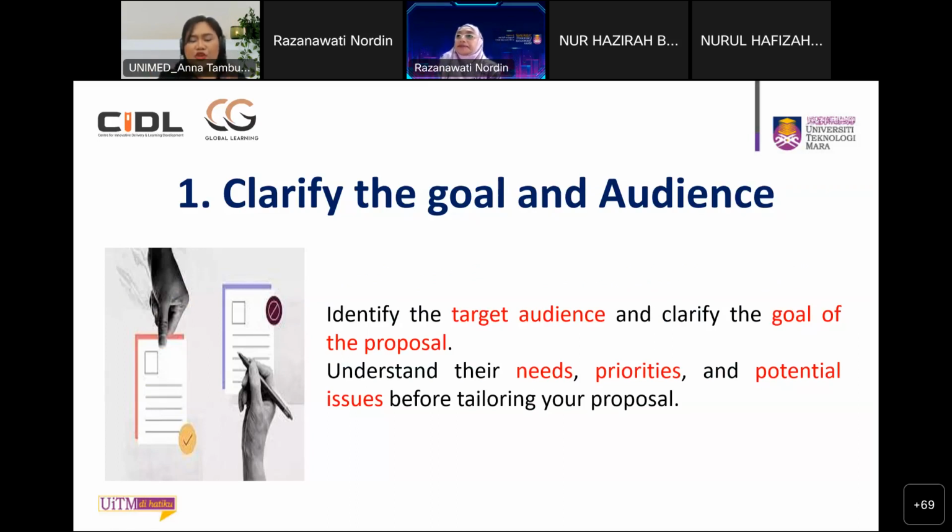So you should clarify the goal of your project. You have to write your goal in your proposal, and then you have to consider, to take into account your audience, of course.